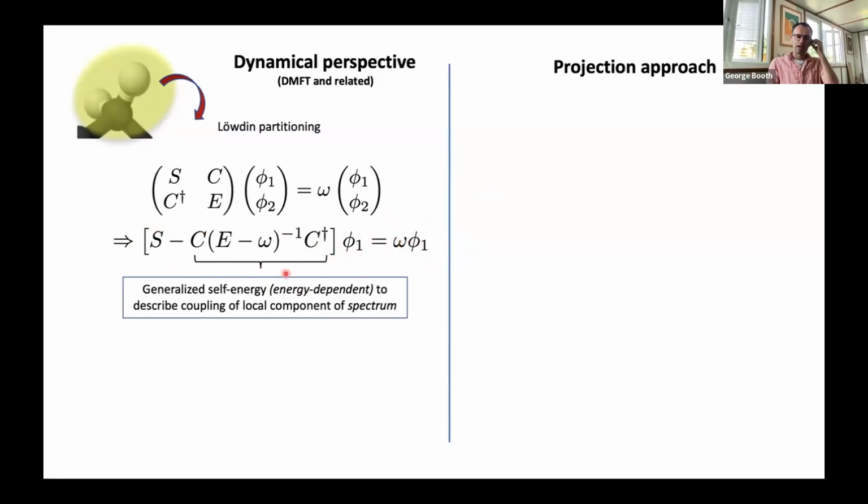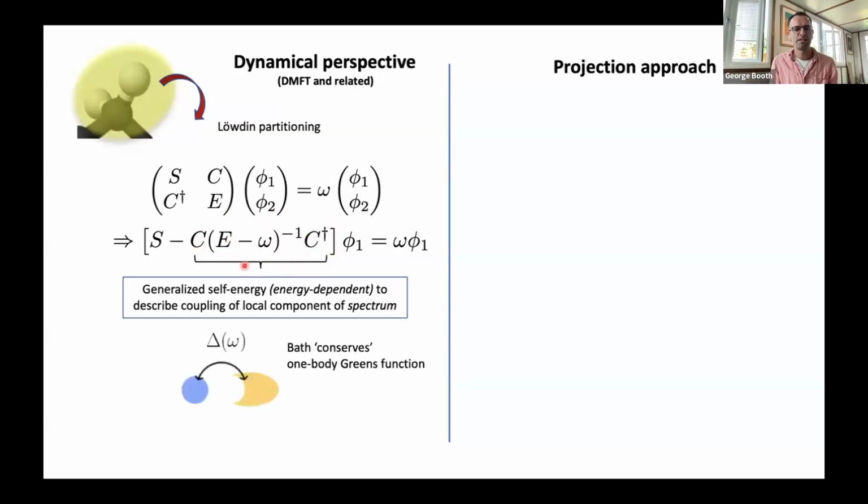But what you get to effect this kind of reduction in the dimensionality of your problem is that you end up with this energy-dependent potential that you have to describe, right? That's your generalized self-energy or your hybridization function, which has this resolvent operator here, which couples your system block to the effect of the environment.